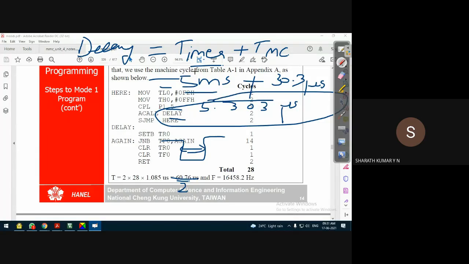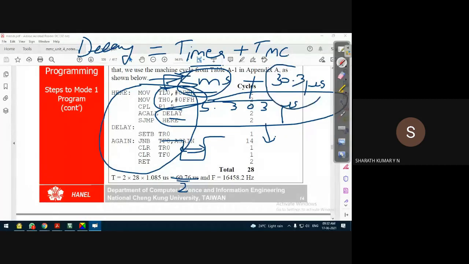It is supposed to be 5 milliseconds. We calculated the initial count to generate a 5 millisecond delay, but the program is generating more than 5 milliseconds because of the time required to execute the instructions.